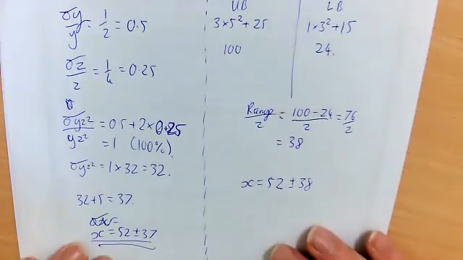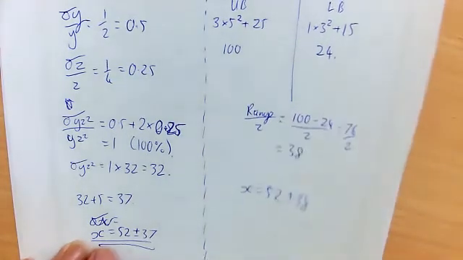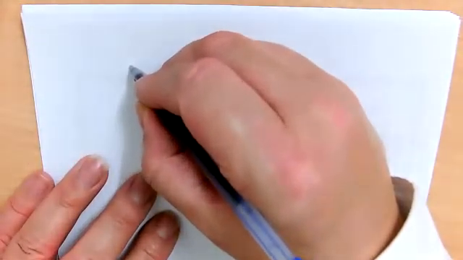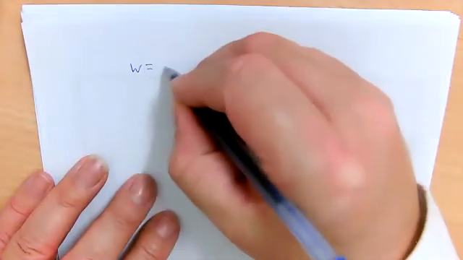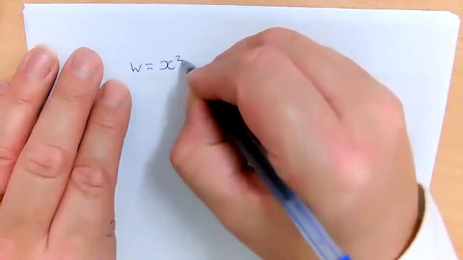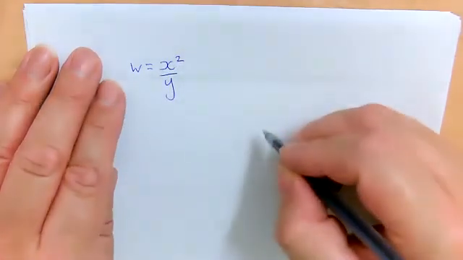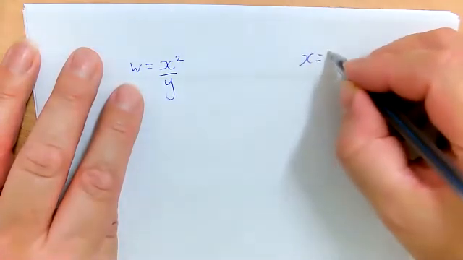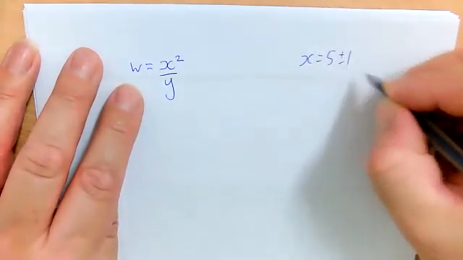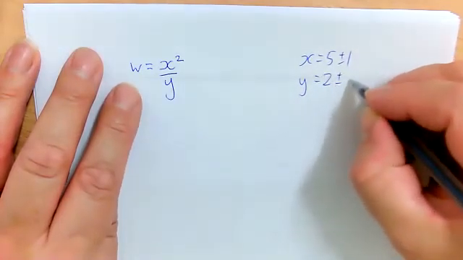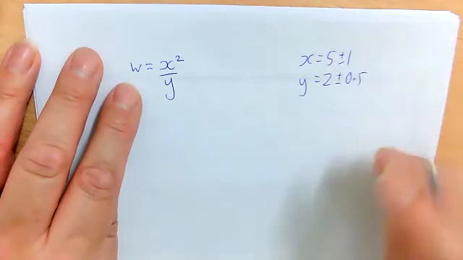The only time it gets complicated is if you have to use division or subtraction. So let's imagine we have W equals X squared over Y. Imagine X was 5 plus or minus 1, and Y was, say, 2 plus or minus 0.5.